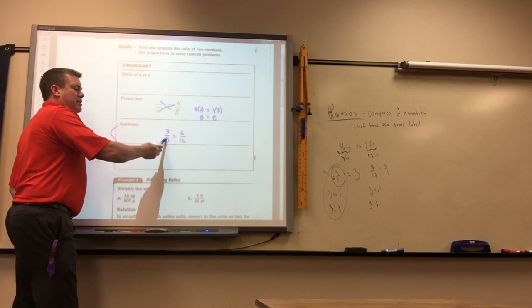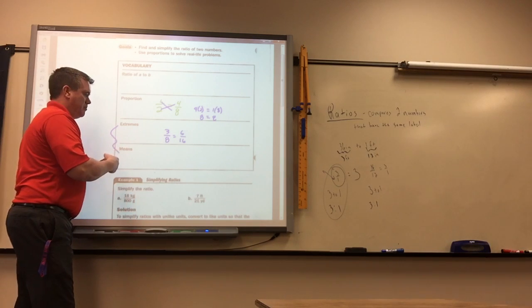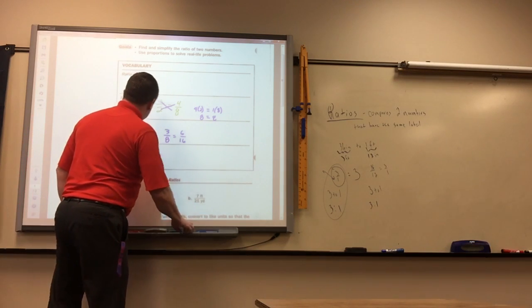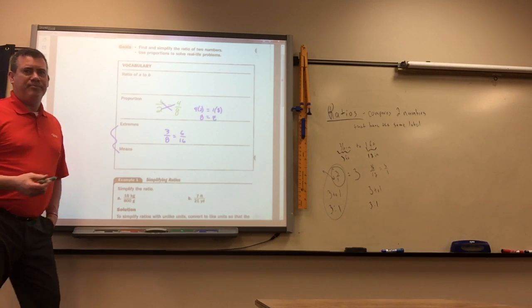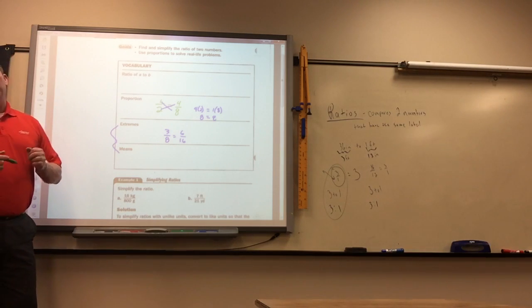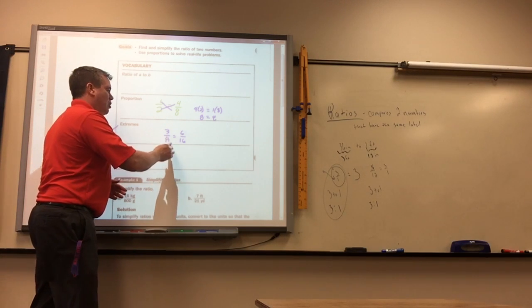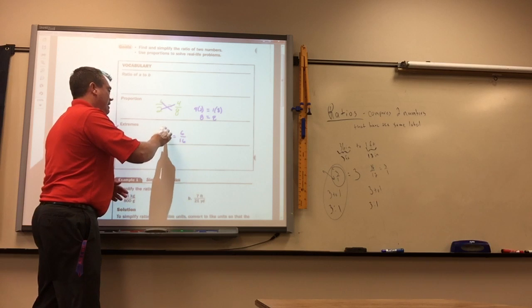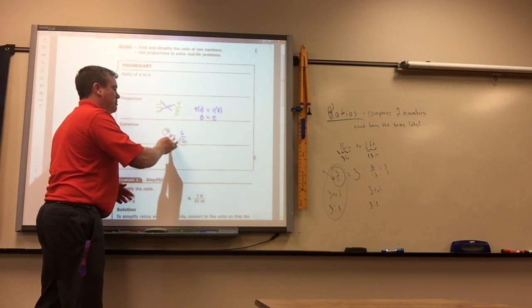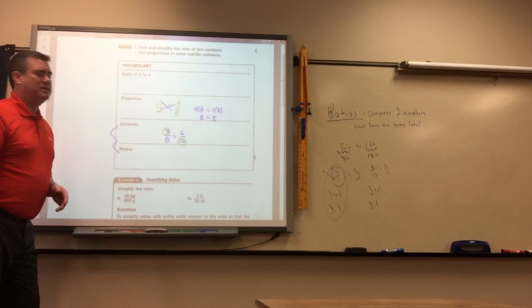Here's a proportion. All I did was double it so that we know they're equal. The extremes, now if you were to number these, if you start here and go like this, 1, 2, 3, 4, these 2 are the extremes, the first and the last.